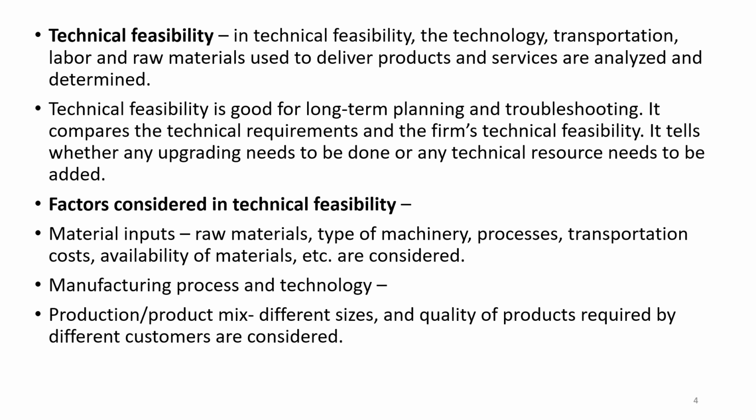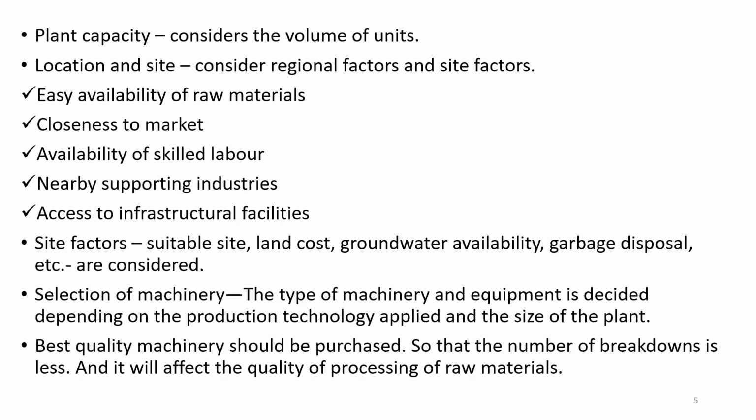Product mix means for different groups of customers you will be developing different types of product. So you will consider the different qualities and sizes of products to find out whether your project is technically feasible.